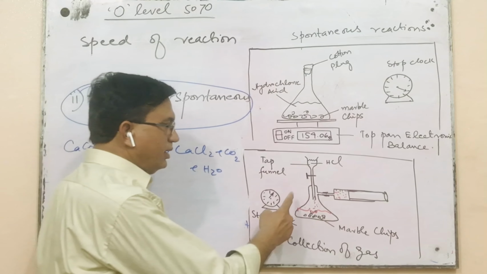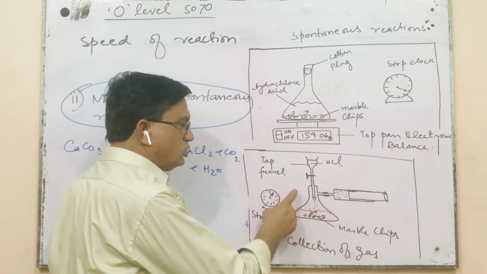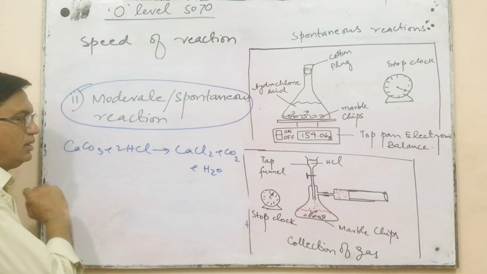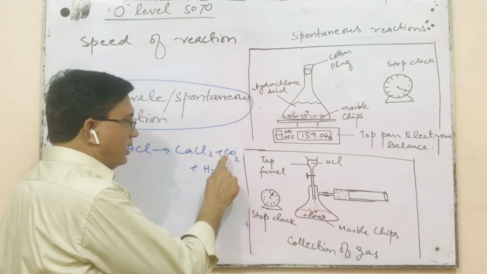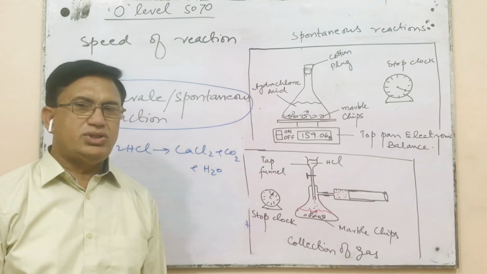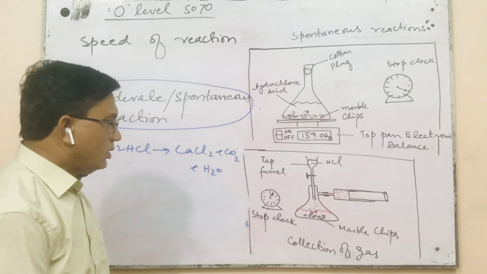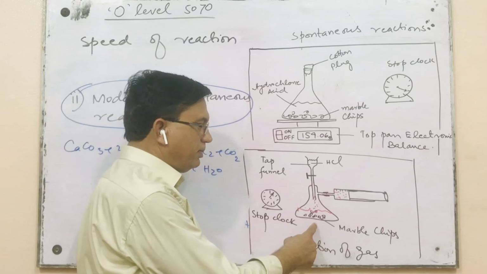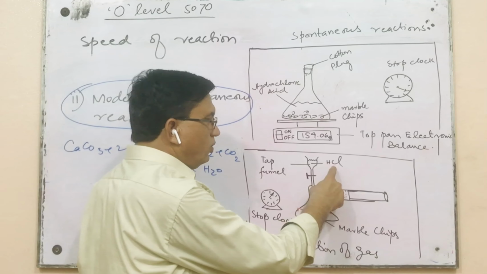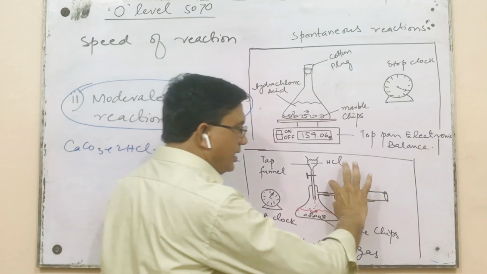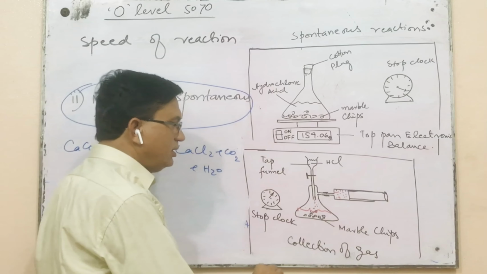Now, this second apparatus is also used. The chemicals are the same, but in this case, the gas produced is collected in the attached gas syringe. Now, there is a conical flask, marble chips are already present, and hydrochloric acid is present in this tap funnel, and this gas syringe is attached.